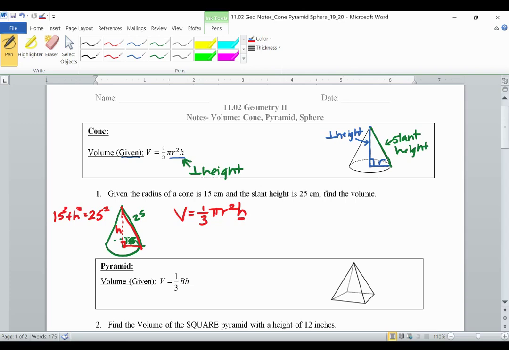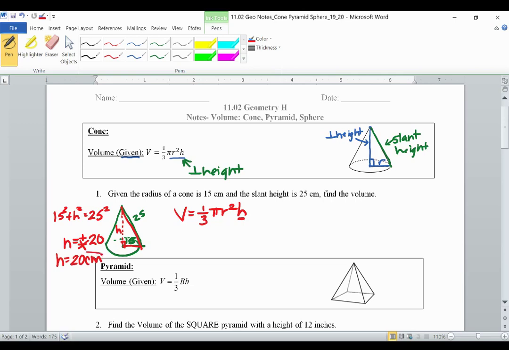Go ahead and type it in your calculator and then do your subtraction. If you need to, pause the video to figure that out. You should end up with h equals plus or minus 20. Since it's a height, we want to reject the negative. So h is going to be positive 20 centimeters.